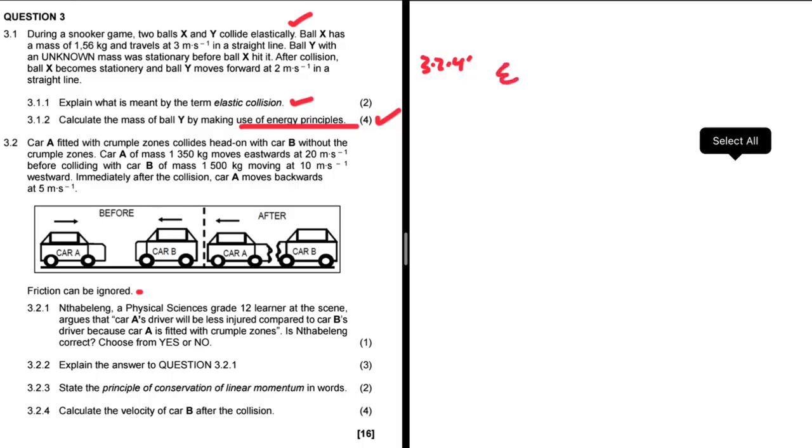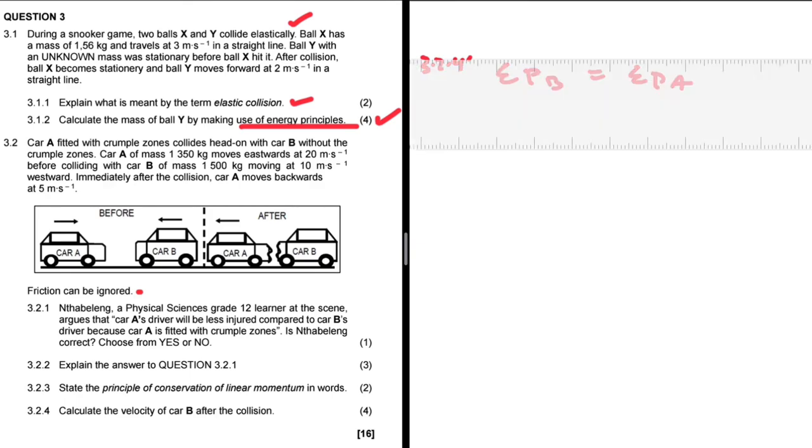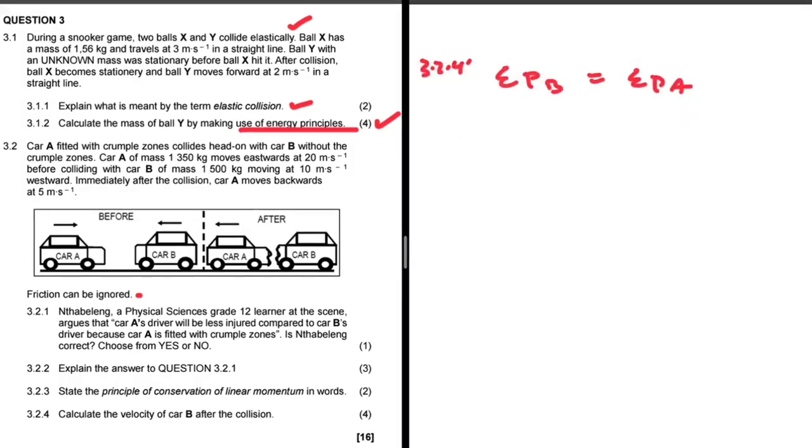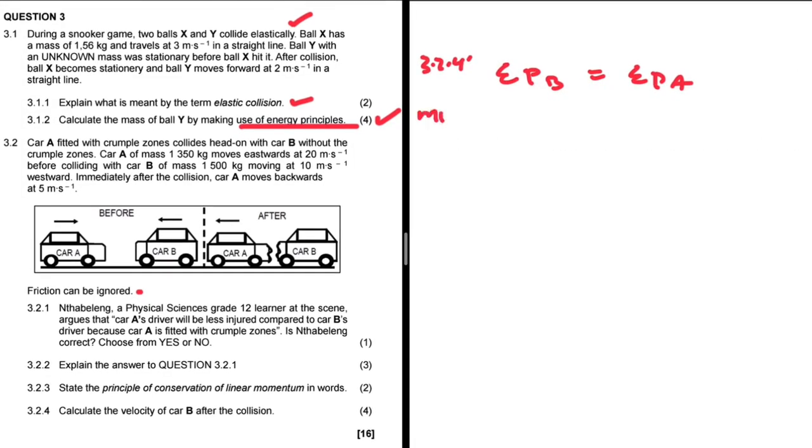So the sum of the momentum before the collision should be equal to the sum of the momentum after the collision. So because we have two objects, we're gonna have m1 v1 plus m2 v2 being equal to m1 v1 plus m2 v2.